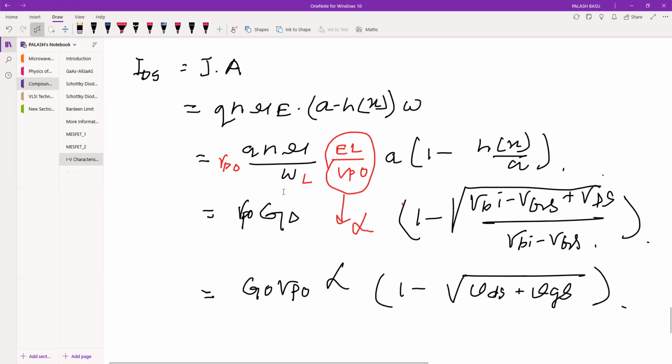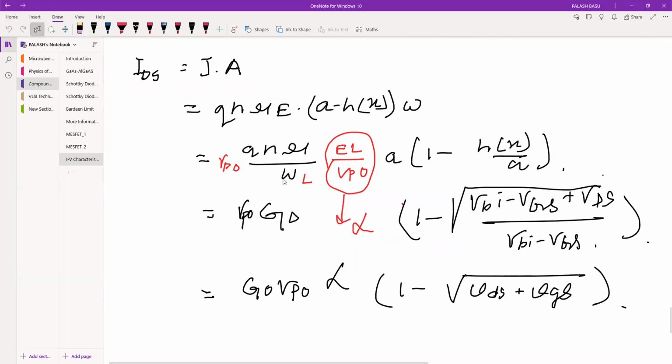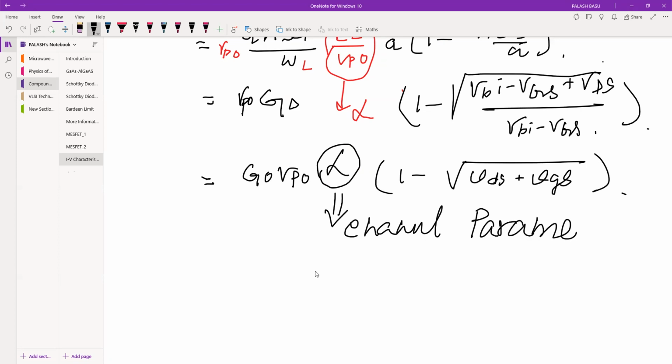Now this alpha is called the channel length parameter or channel parameters. And these actually dominate whether my expression is short channel or long channel.